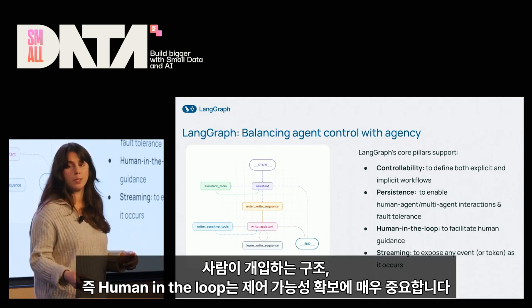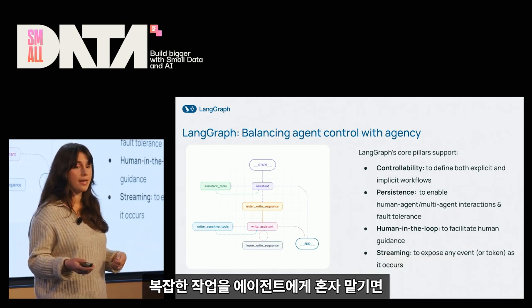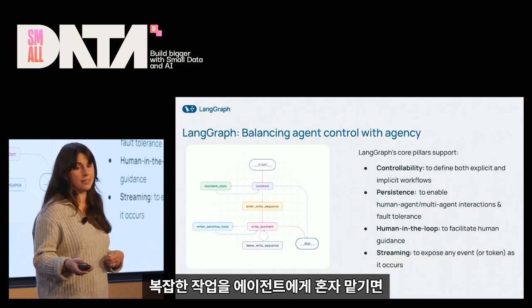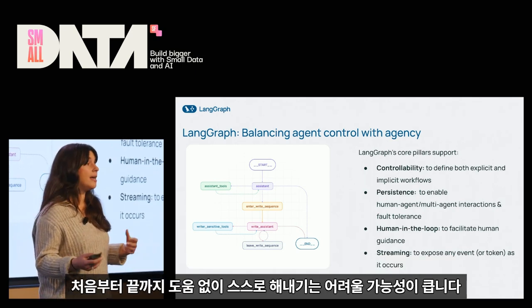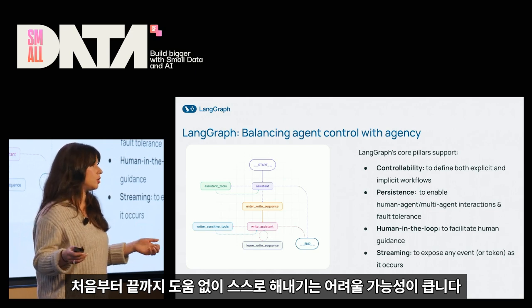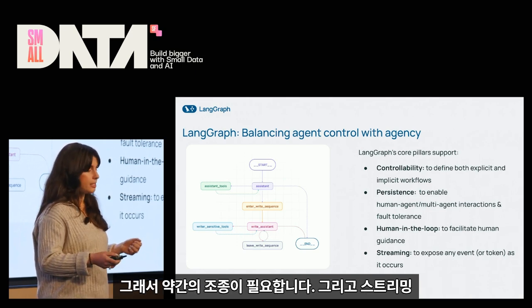Human in the loop is really important for controllability. If you leave an agent to solve very complex tasks on its own, it's likely not going to get from start to finish without some help. So it needs some steering.